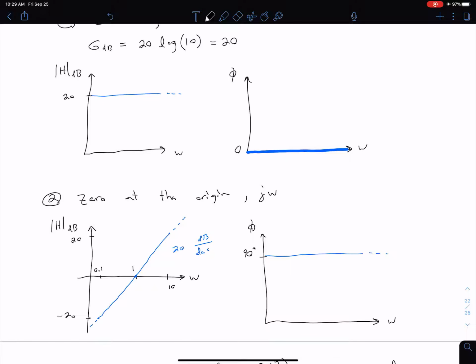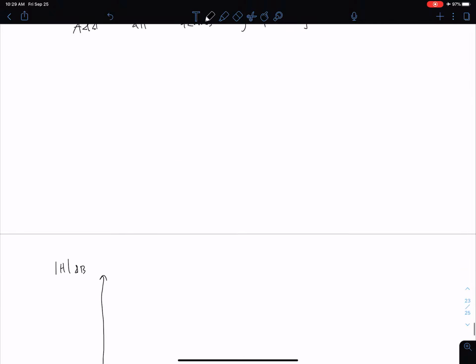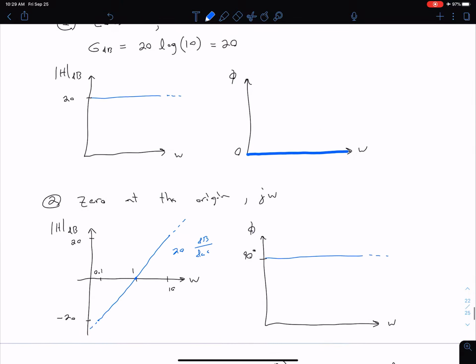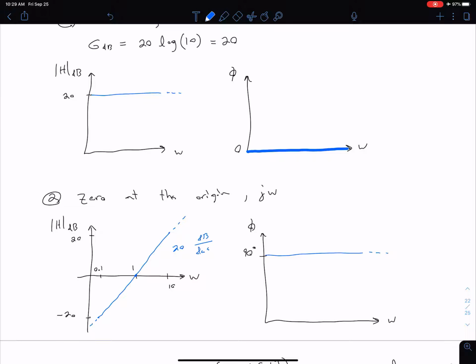And so what we can see is at 0.1, we're going to be at 0. The reason I can say that is because we get 20 from our constant and negative 20 from our zero at the origin. So let's go ahead and add that point. Down here for our magnitude, we know we're going to be at 0 here. Then we have this constant 20, but we keep increasing 20 dB per decade for the zero at the origin.